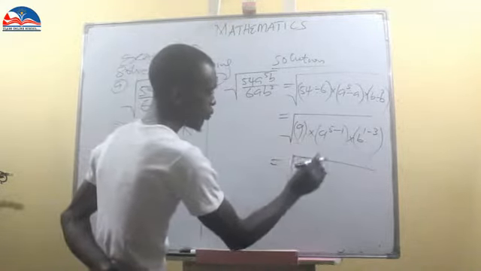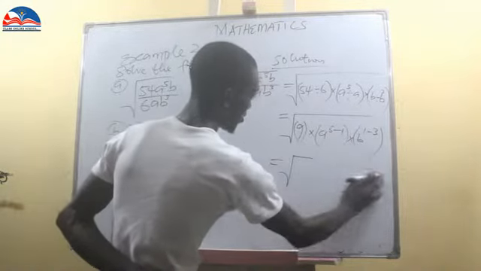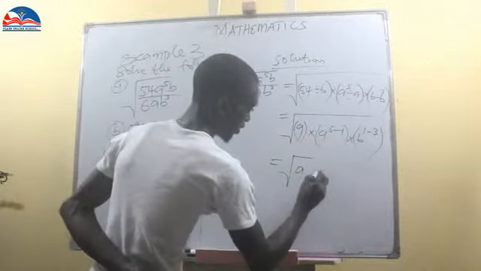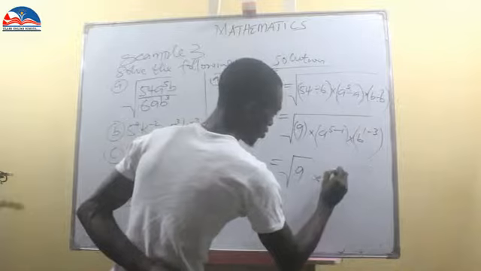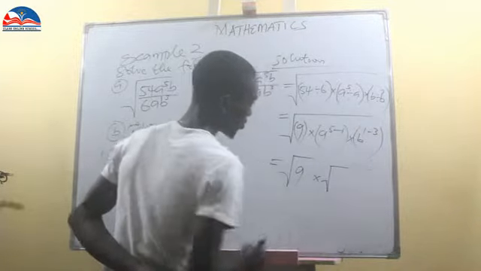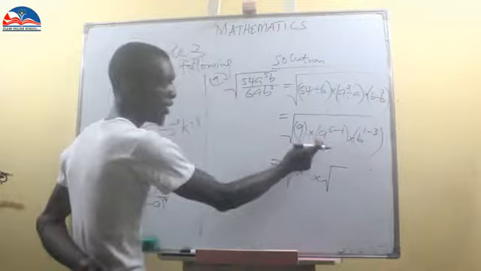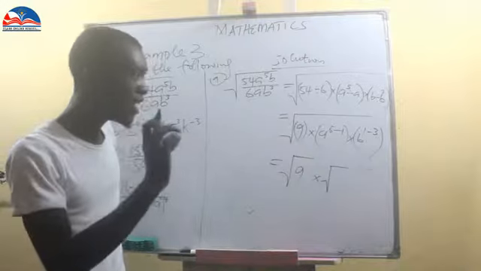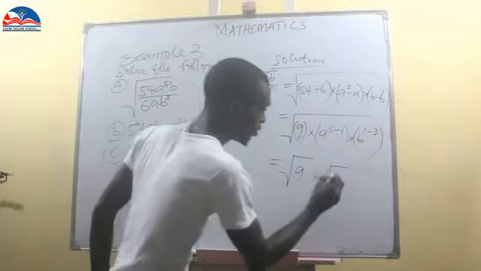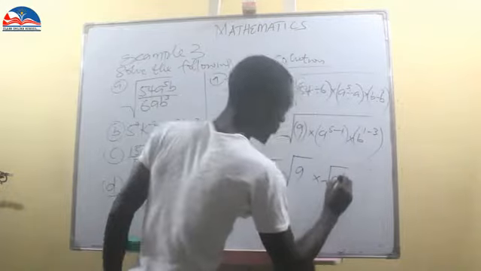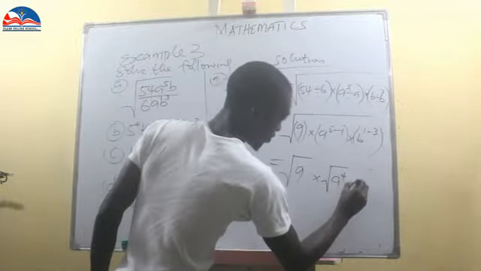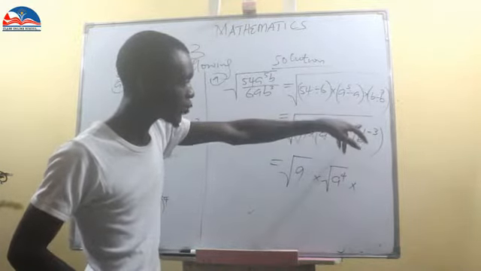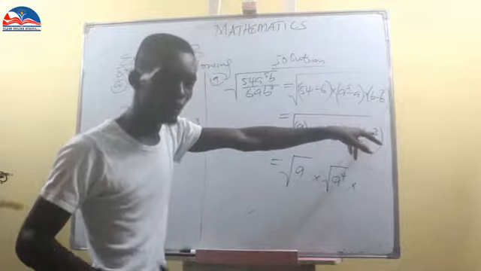So we have the square root of 9 times the square root of a index 5 minus 1, which will give us a index 4, times b index 1 minus 3. 1 minus 3 will give us minus 2.